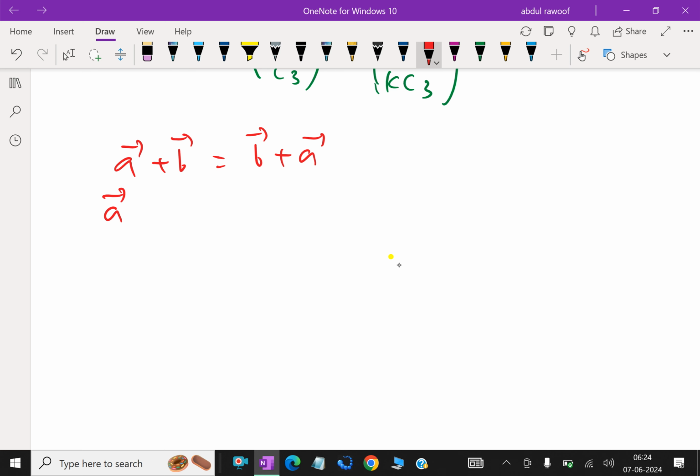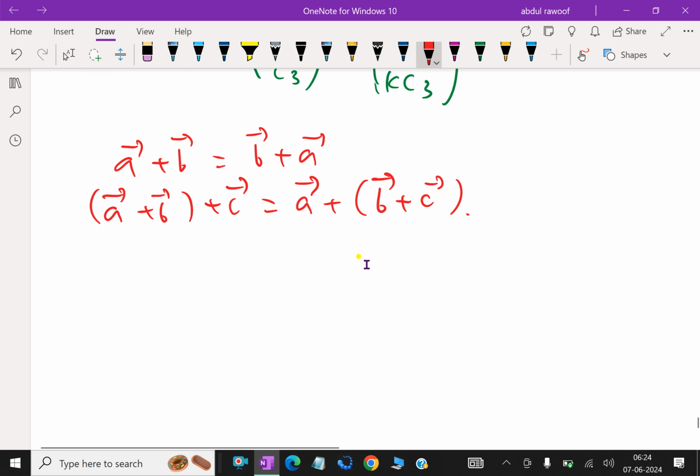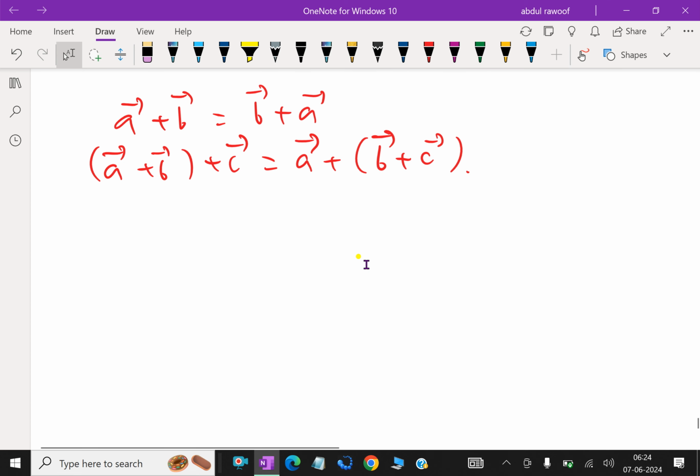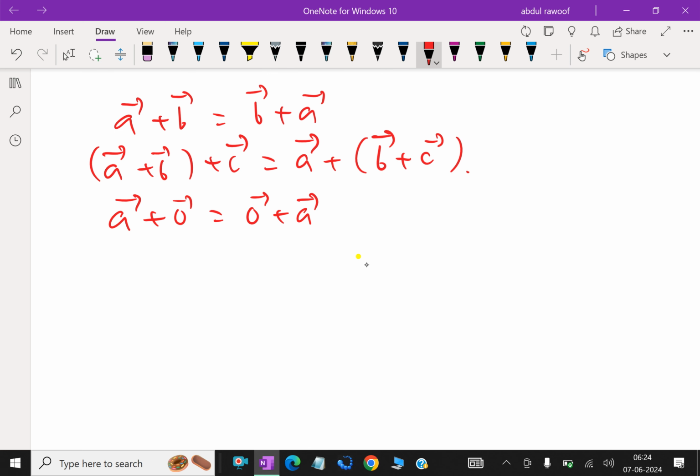Vector A plus vector B, plus vector C can be written as vector A plus the sum of vector B and vector C. Addition is associative. Next, vector A plus 0 vector is equal to 0 vector plus vector A, which is equal to vector A.